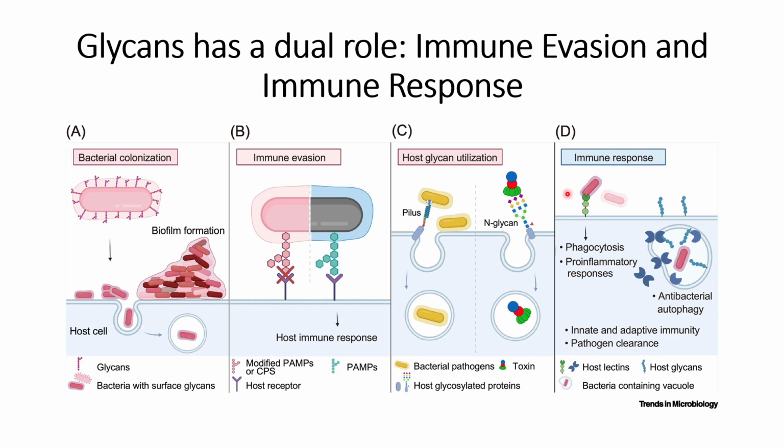The last thing is about the immune response. In part 4, this is the elaboration of part B on the right hand side. In this case, when the bacteria has a glycan surface that is different from the host cells, it will lead to the generation of phagocytosis and a pro-inflammatory response.